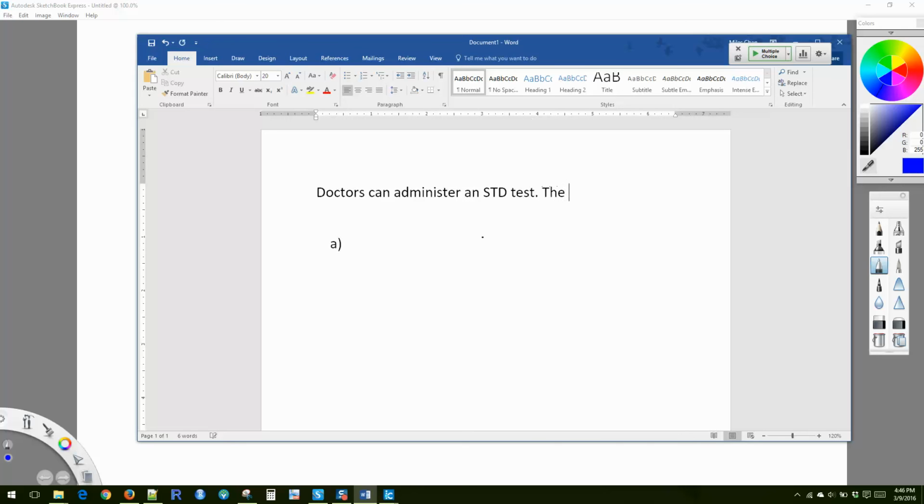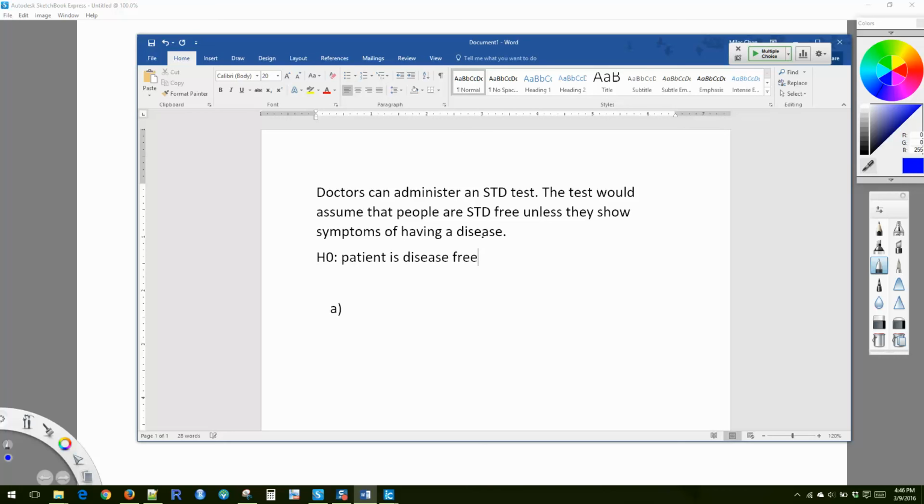Generally the test would assume that people are STD free unless they show symptoms of having a disease. So the null hypothesis will be the patient is disease free, and the alternative will be the patient has an STD.